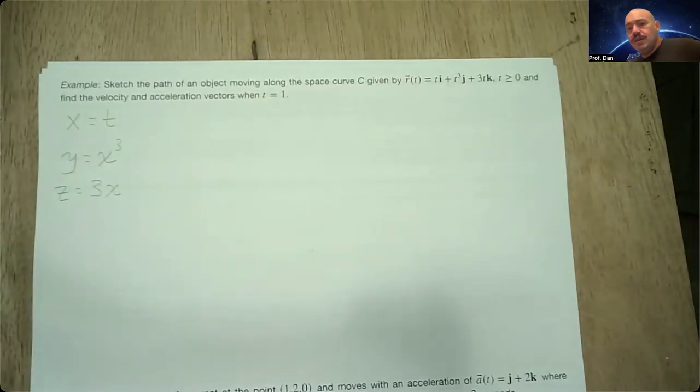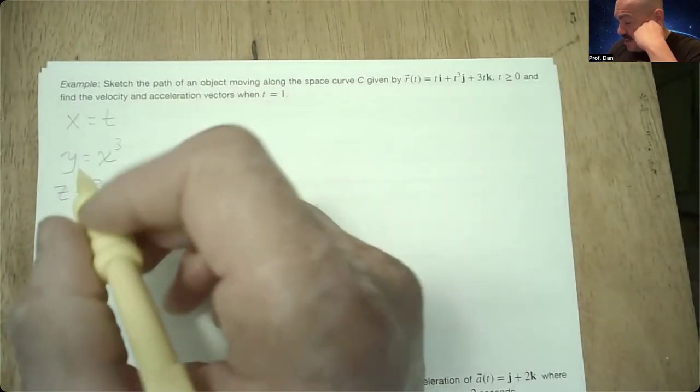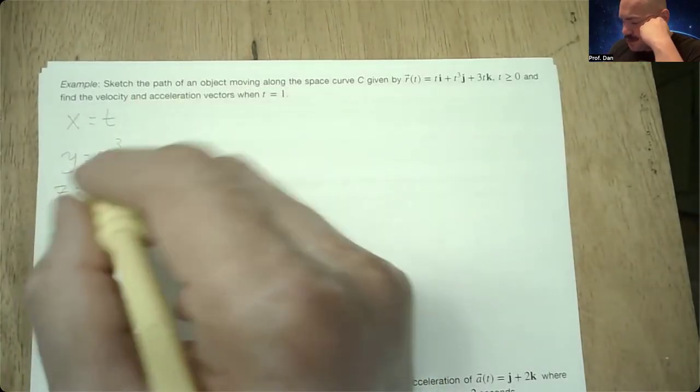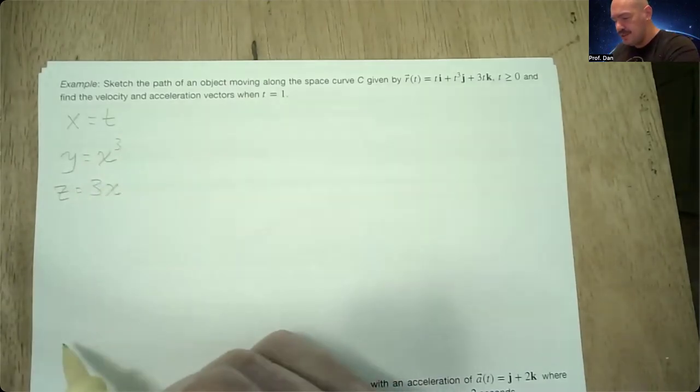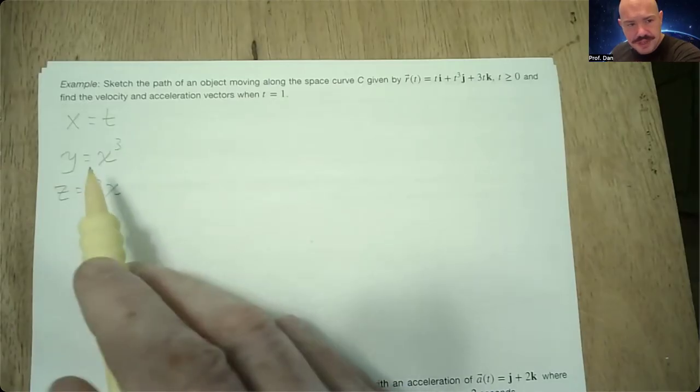If I were looking at the xy coordinate, I would get a graph like y equals x cubed. That's our cubic function that looks kind of like this if you draw it on just a regular xy plane.